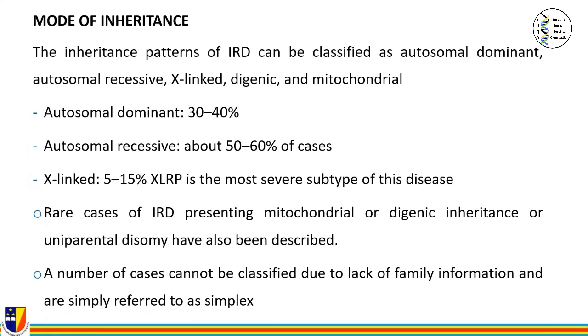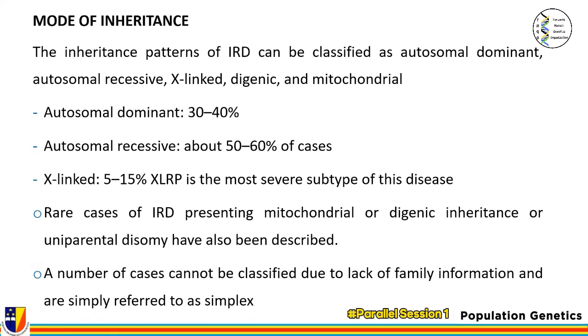Rare cases of RAD presenting mitochondrial or digenic inheritance or uniparental disomy have also been described. A number of cases cannot be classified due to the lack of family information and are simply referred to as simplex.